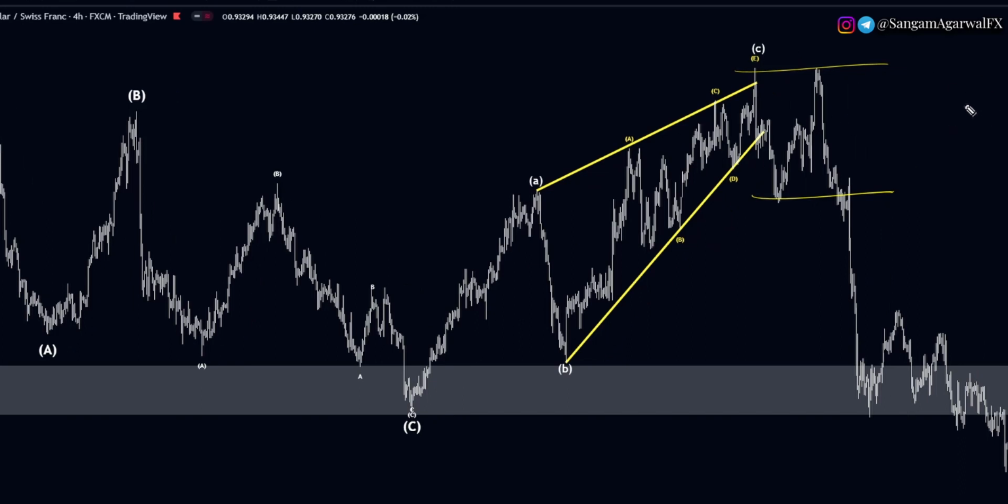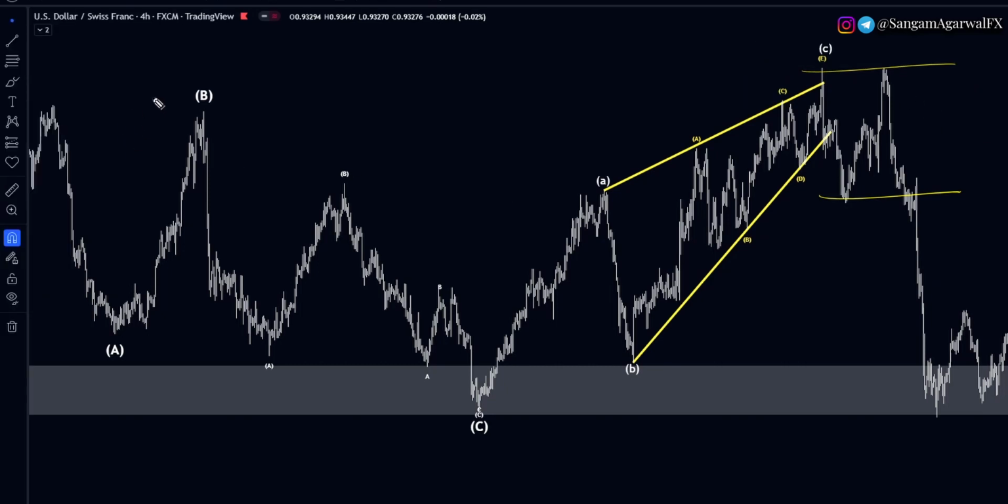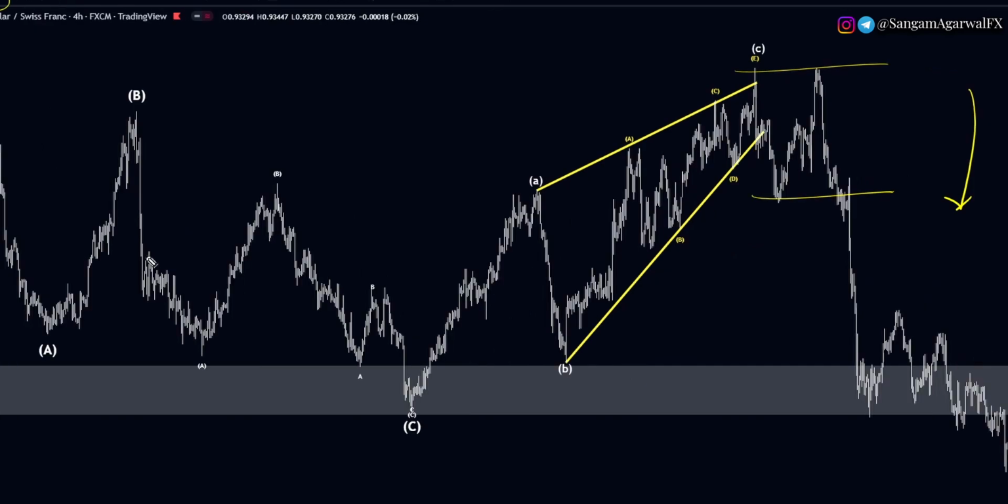When both things work together in the same direction, that central banking policy was in the direction of selling USD and Elliott wave also predicting an instant trend reversal, a vertical drop, then you trade.